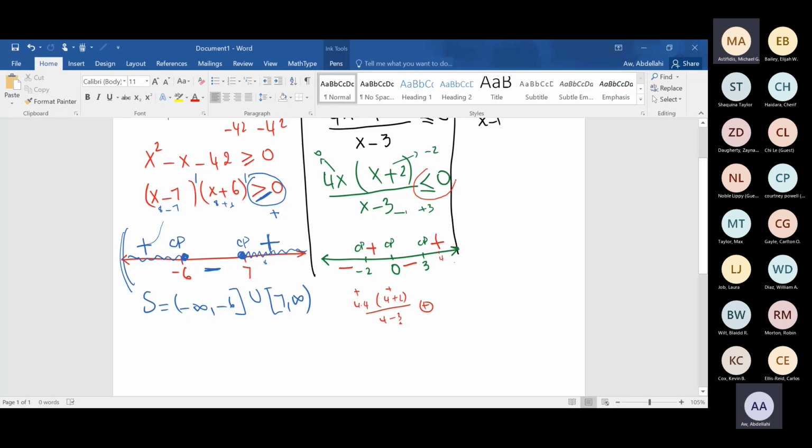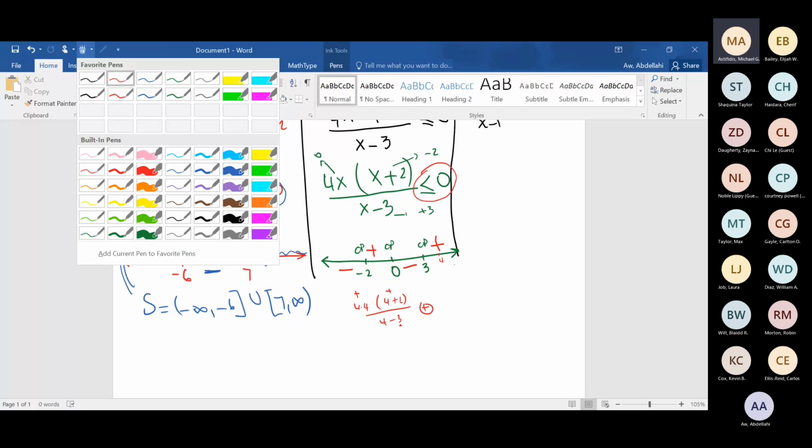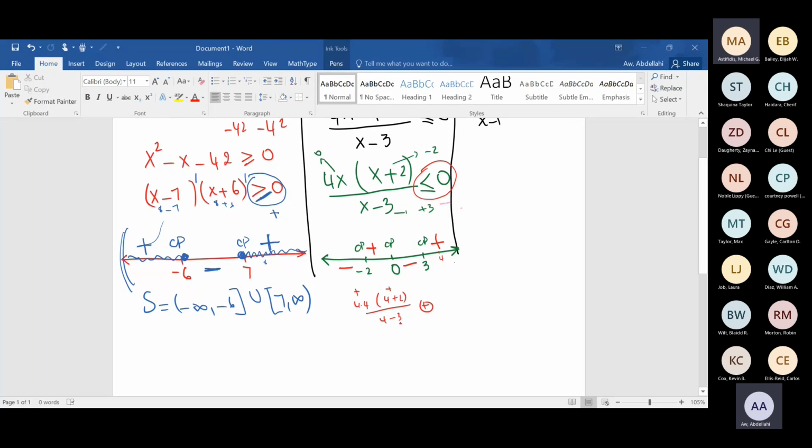Now, because of this less than or equal to 0, what sign am I looking for? I'm looking for the negative sign, right? So my answer will be this and this.